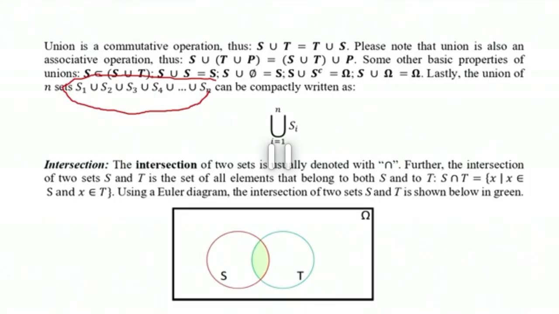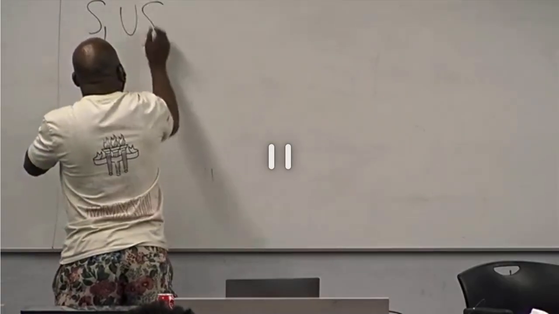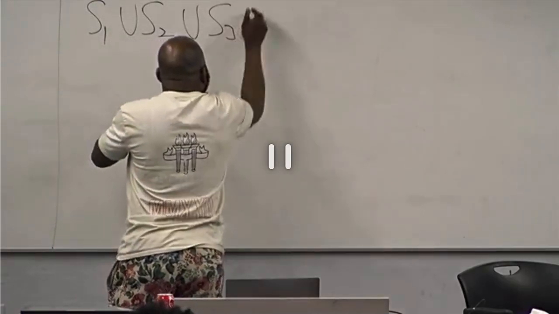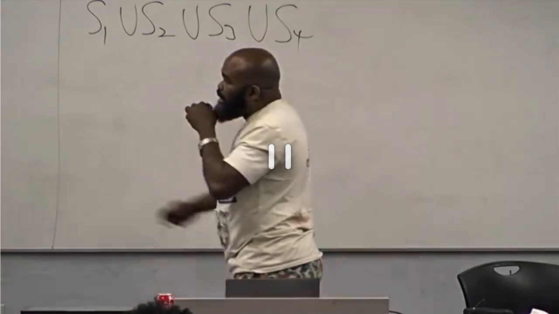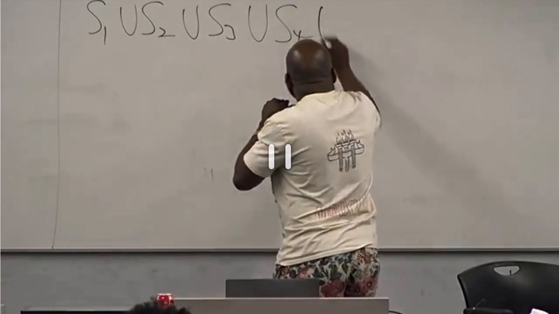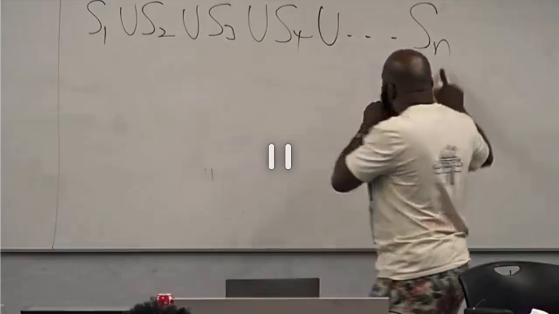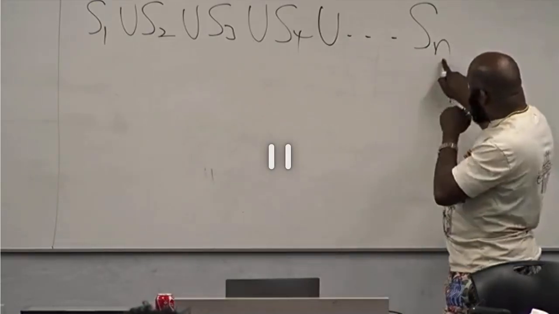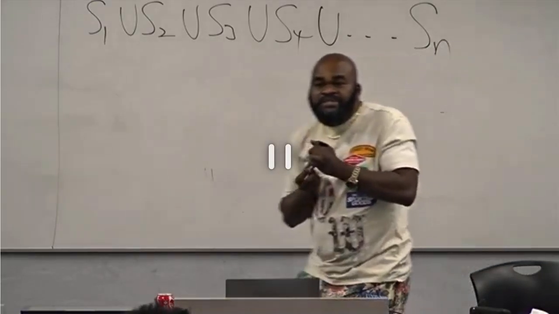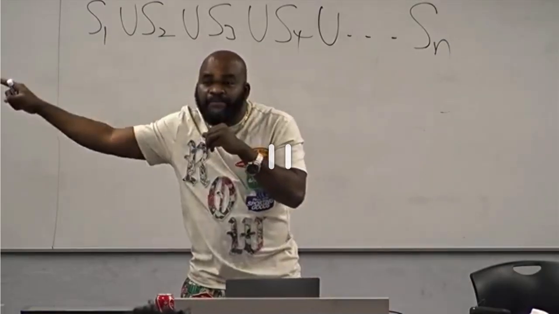Right now, I want to be able to write something in a short form. I want to have the union of several sets: S1 union S2 union S3 union S4, and that continues to Sn, where n represents the number of sets I'm talking about.